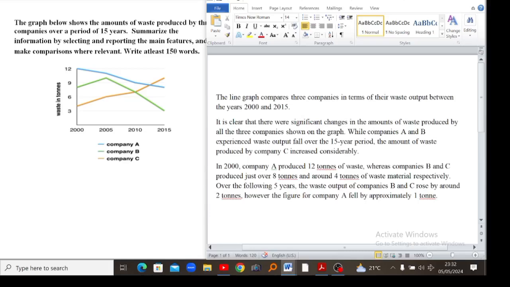So we are going to describe from 2005 to 2015.